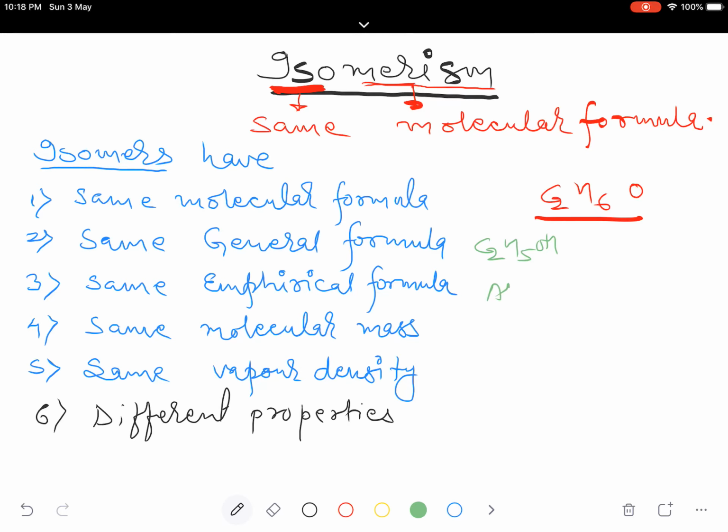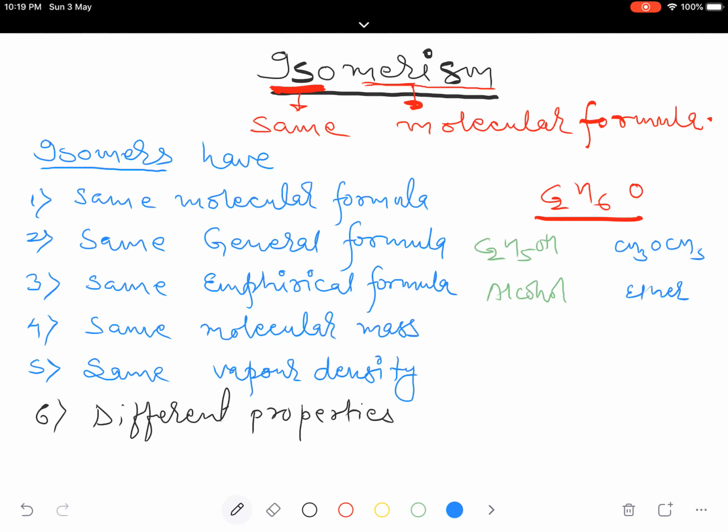I'll just write alcohol. At the same time, another compound can also have the same formula, which I will write as CH3OCH3. That will be an ether, right?